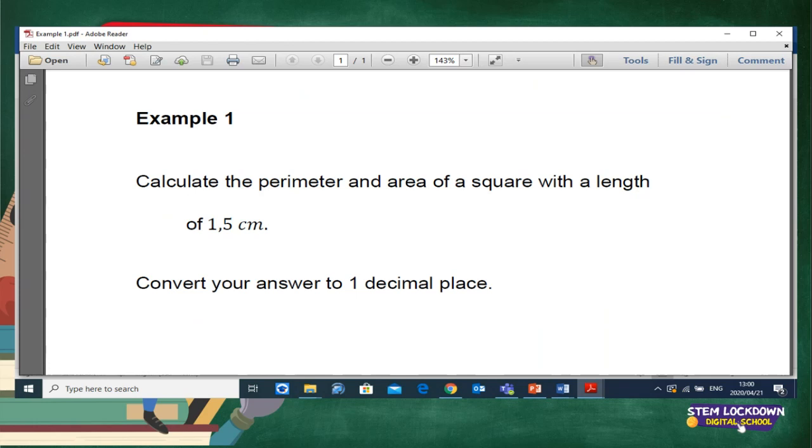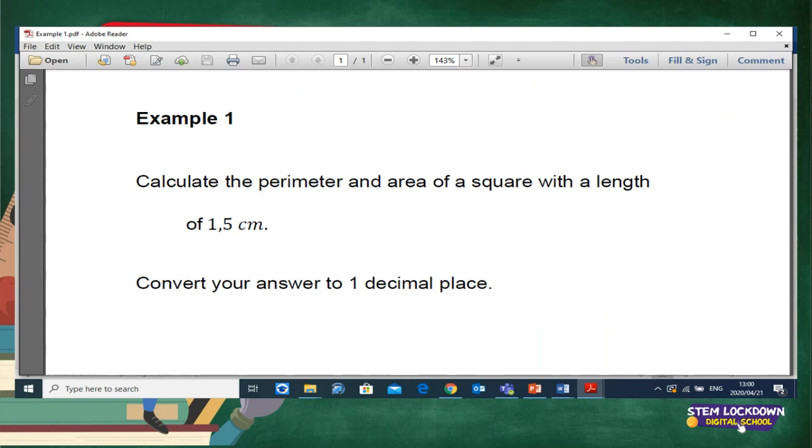So of course, if you multiply 1,5 by 4, you will get 6 centimeters. So in other words, your perimeter there will be equal to 6 centimeters. That is what you will get when you solve or calculate the perimeter of this square.